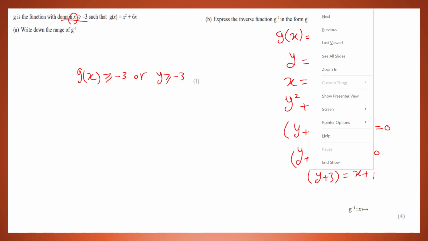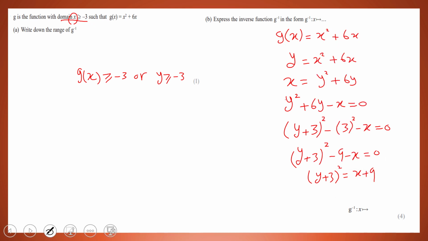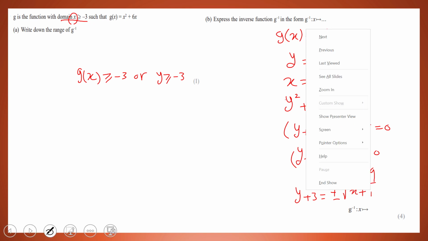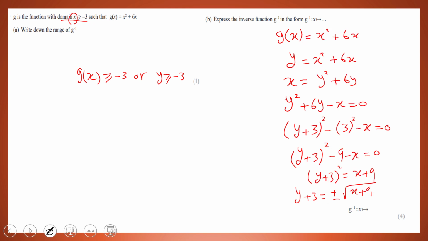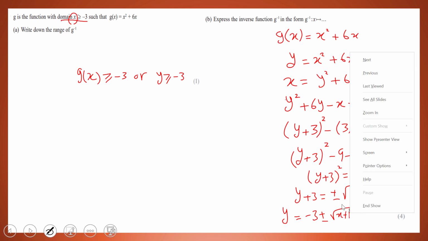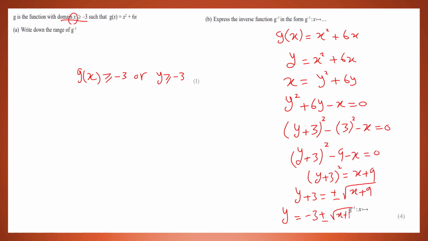Just take the square root of both sides. y plus 3 is equal to positive or negative square root of x plus 9, and then here y is negative 3 plus or minus square root of x plus 9, and then here you can find the inverse.